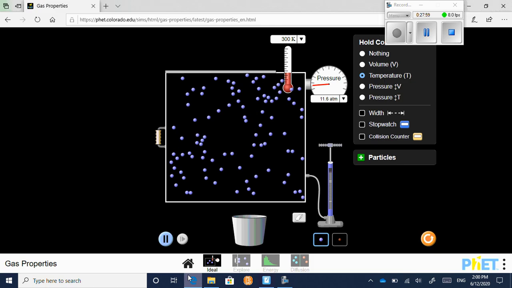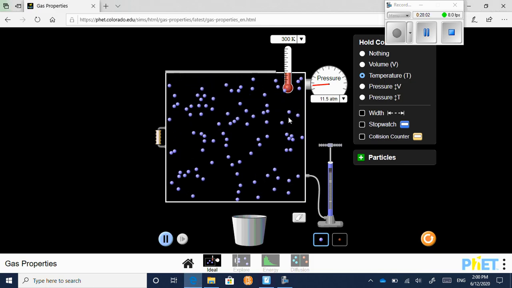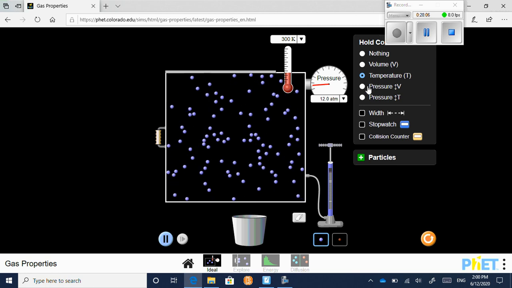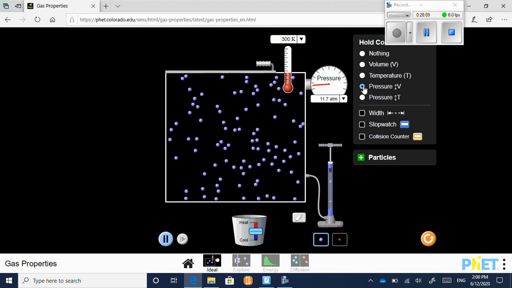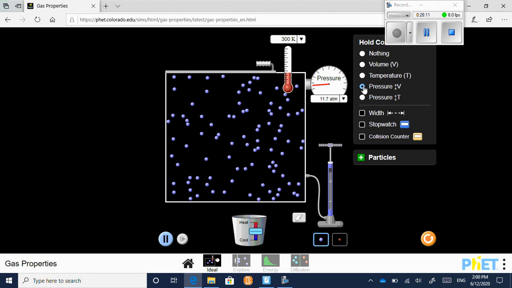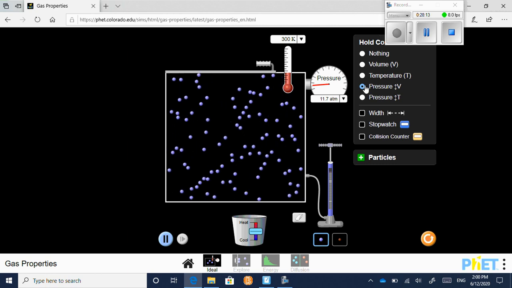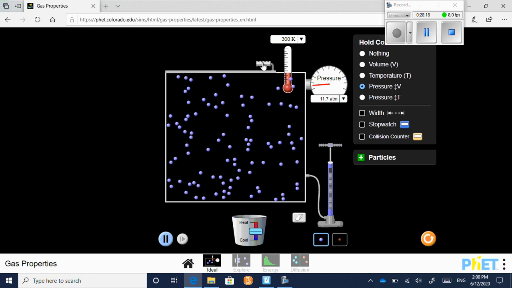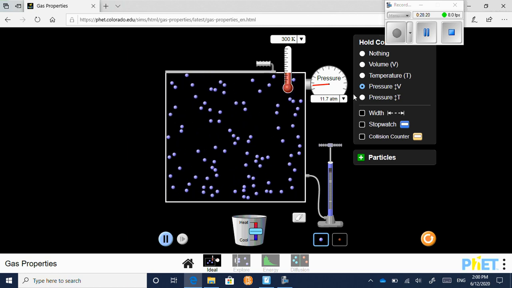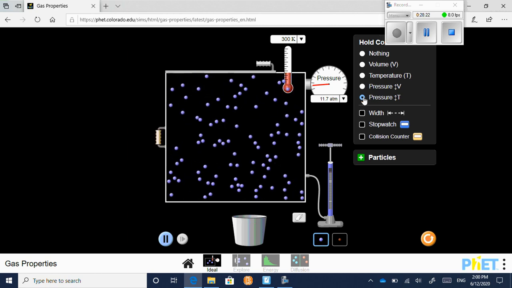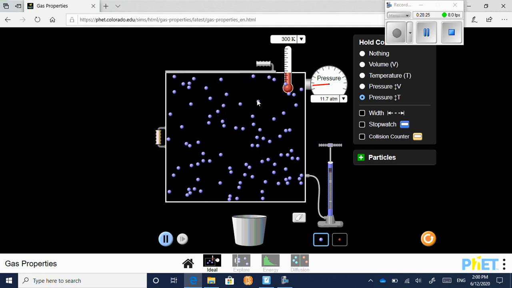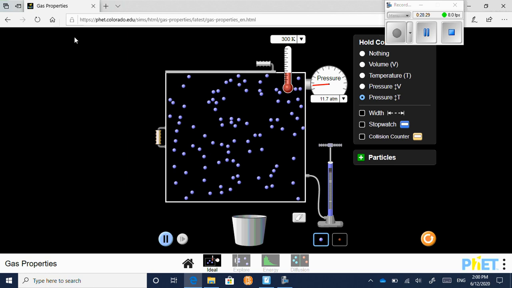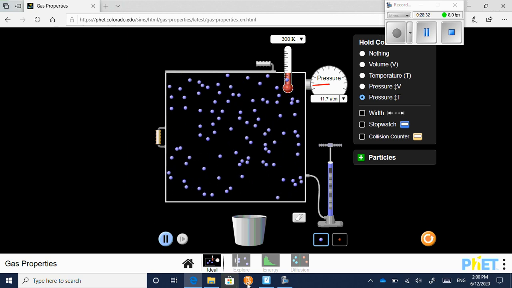Okay, and let's take a look at our applet here. So this is interesting. I want to keep my pressure constant, but I am going to change the volume. Okay, so watch this. I'd like you to keep your eye on the temperature.